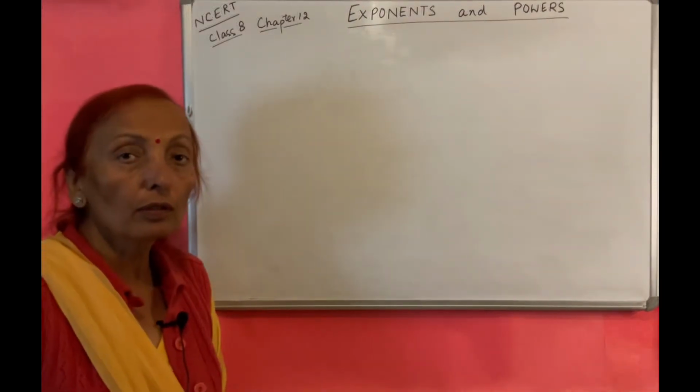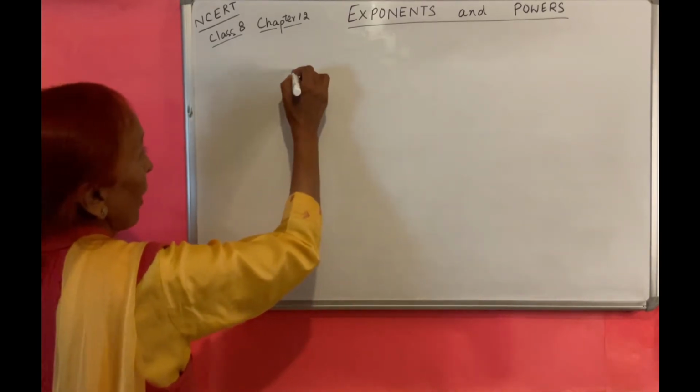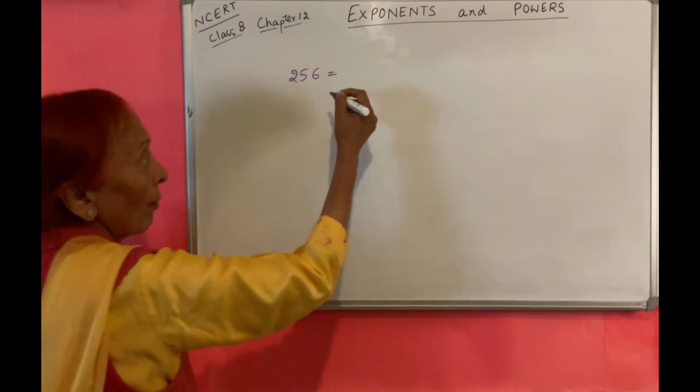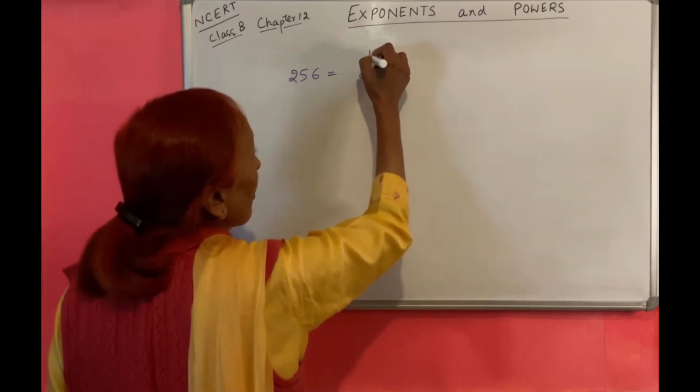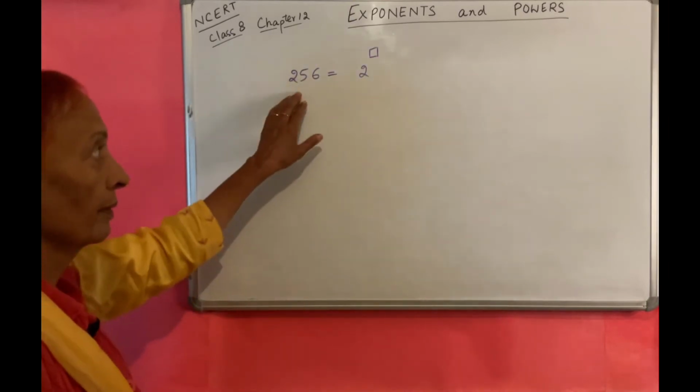नेक्स्ट हम देखते हैं लॉज ऑफ एक्सपोनेंट्स. उससे पहले suppose I am to write the number 256 as a power of 2, meaning 2 raised to which power is this number.